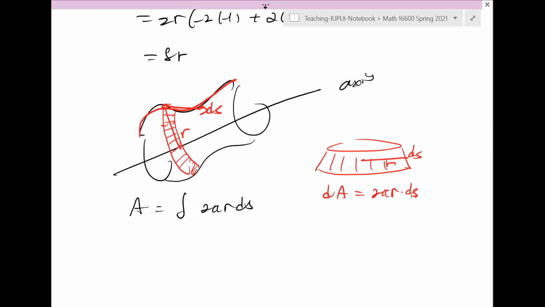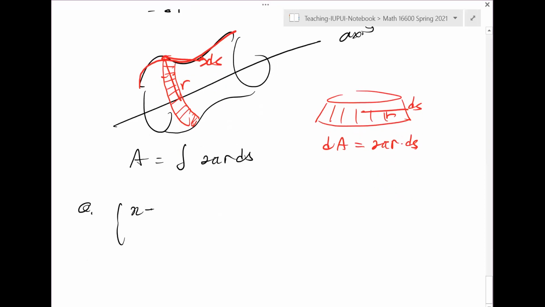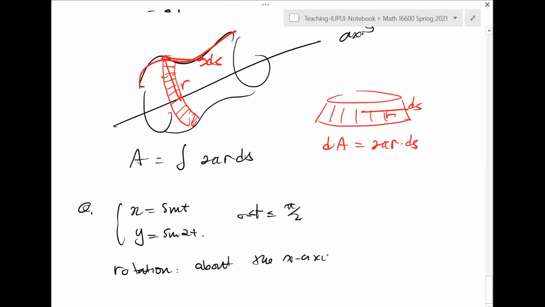Let's work on some problems. We are given x equals sine t, y equals sine 2t, with t between 0 and pi over 2. This is rotated about the x-axis.